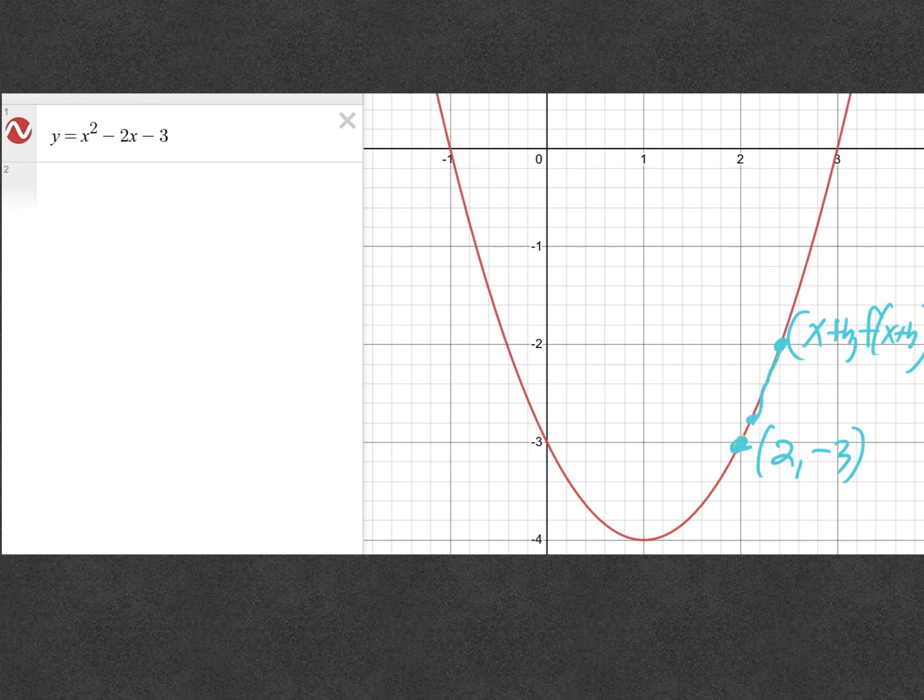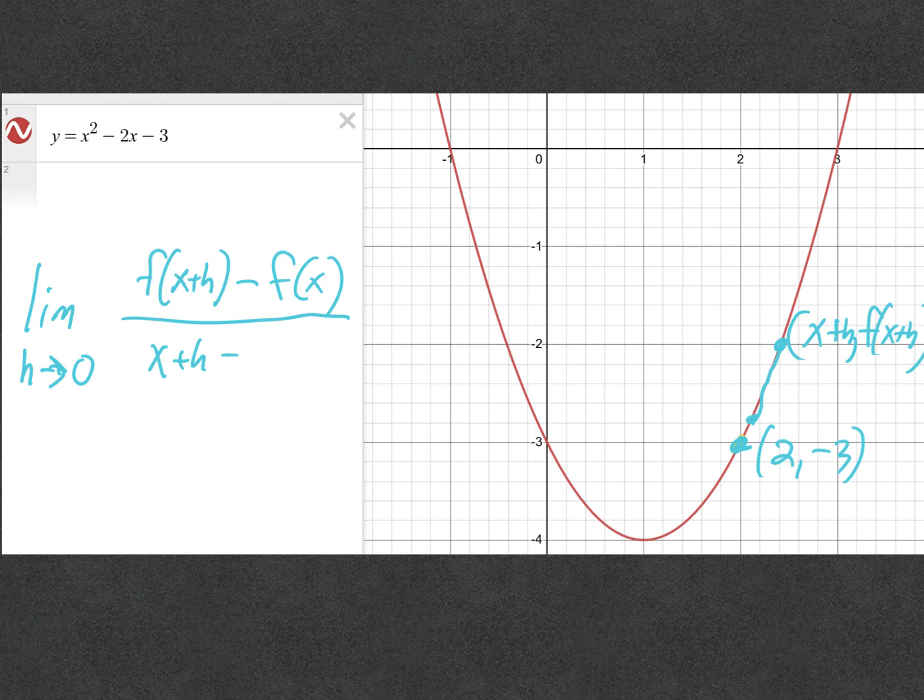What I was doing is I was finding the limit as h approaches 0 of f of x plus h minus f of x, y2 minus y1, over x2 minus x1, which we found was equal to the limit as h approaches 0 of f of x plus h minus f of x. The x is up there, subtracted, and we just have over h in the denominator.